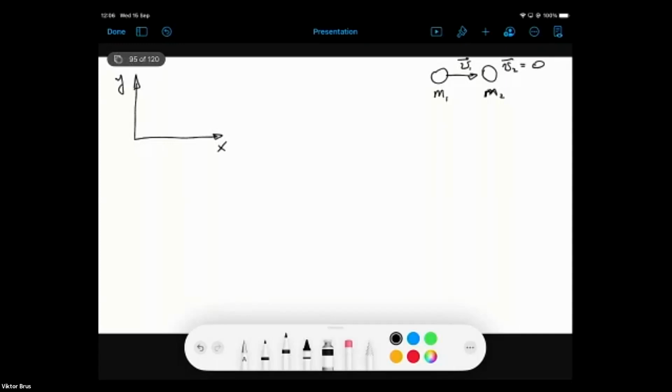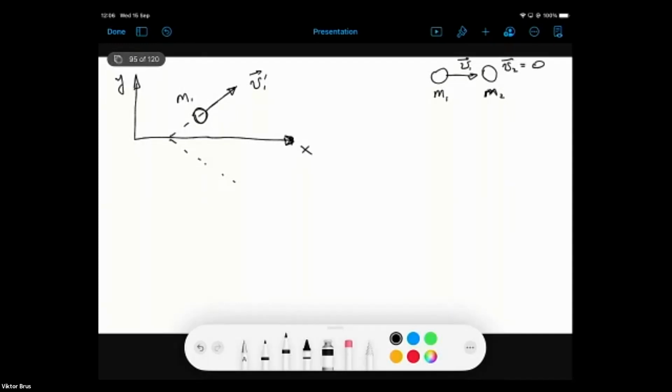So after collision, we will have something like this. Let's show it here. Maybe let's make this axis a bit longer. So it will be axis x. It will be our body M1 with velocity vector v1 prime.